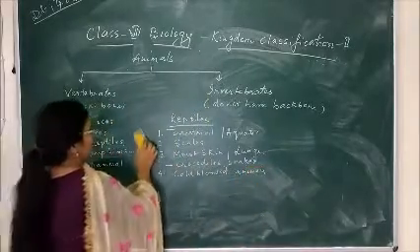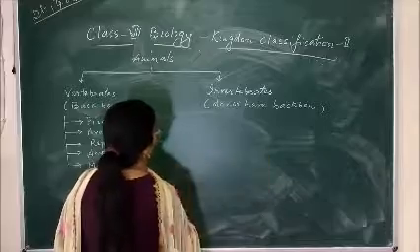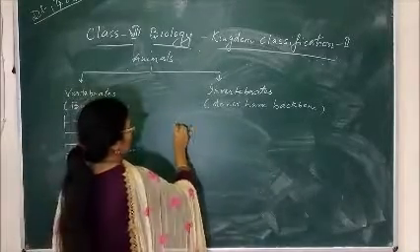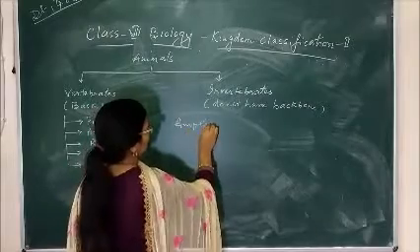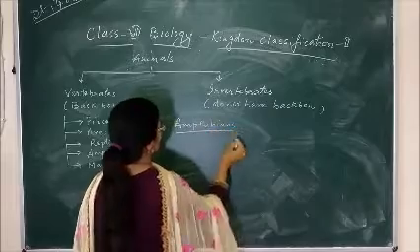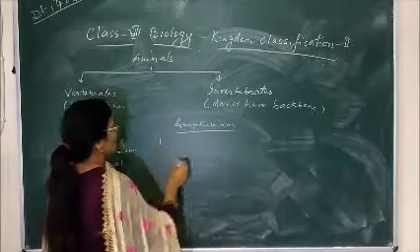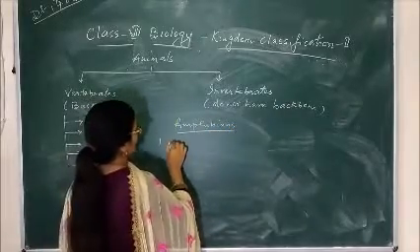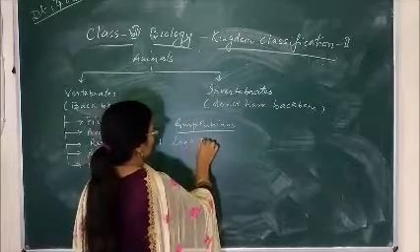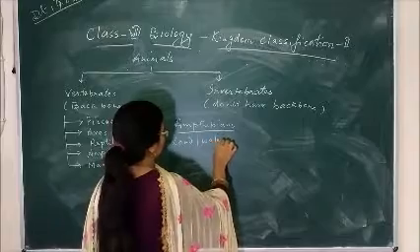Now we come to the next, that is amphibians. Amphibians are mostly all the frogs which belong to the amphibians group. Means they can both live on land as well as in water, just like reptiles.